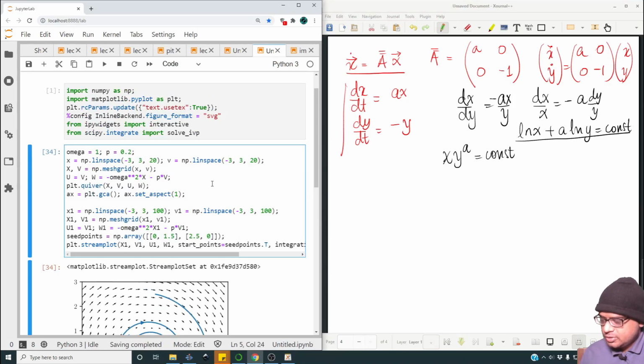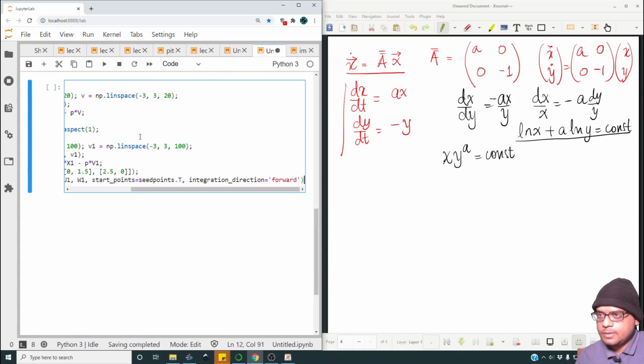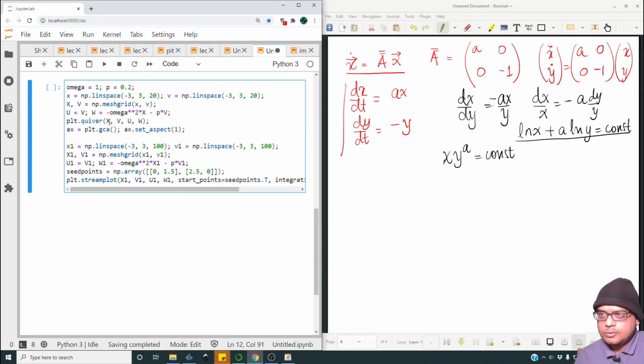So let me copy this particular code over here. Let me go over here and write down, so we don't need this, we will simply require a. We can put y over here.